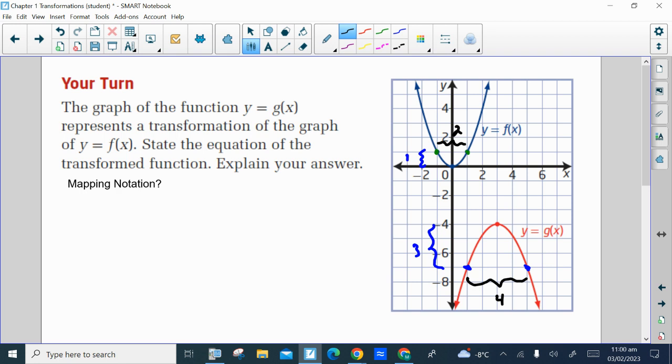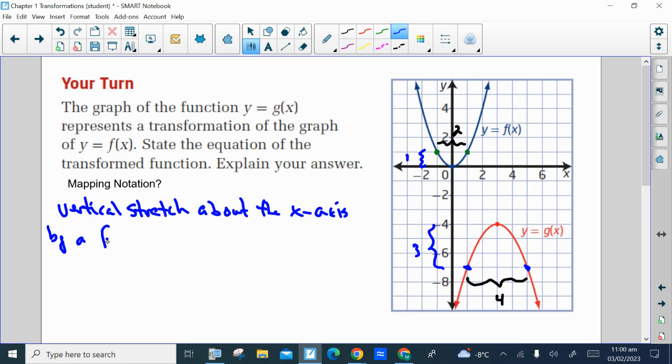So once again, if we write this out, as we've said, we have a vertical stretch about the x-axis by a factor of 3, because the distance from the vertex to those two points went from 1 up to 3.